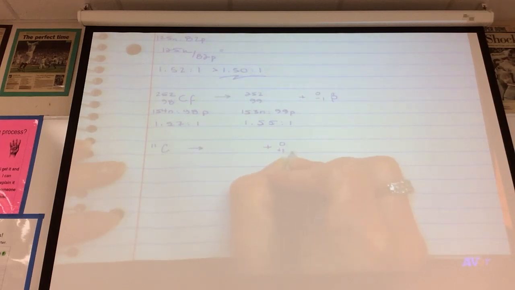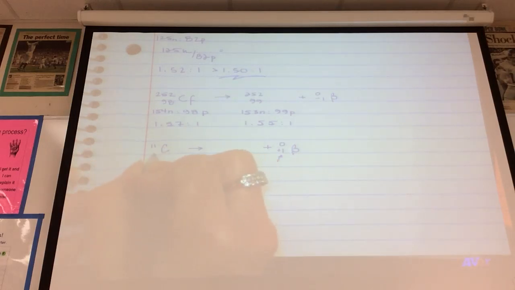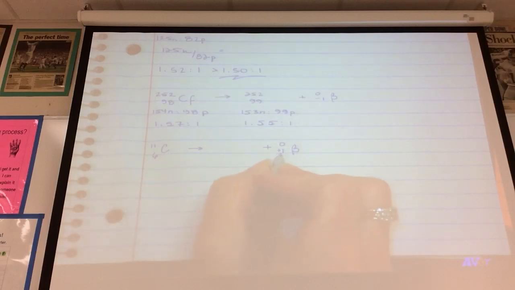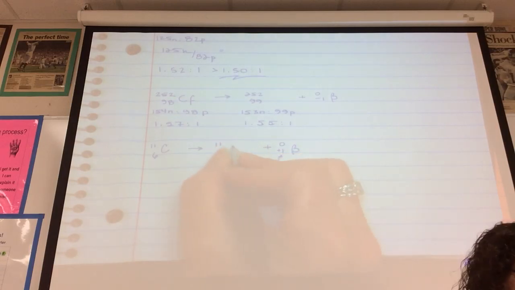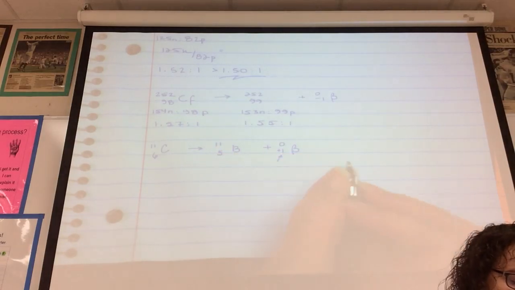You have +1 here. It looks like a beta, but you have +1. Carbon has an atomic number of 6, which we can get off the periodic table. What +1 is 6? 5. Mass number doesn't change. And as a result, you're going to generate boron now.